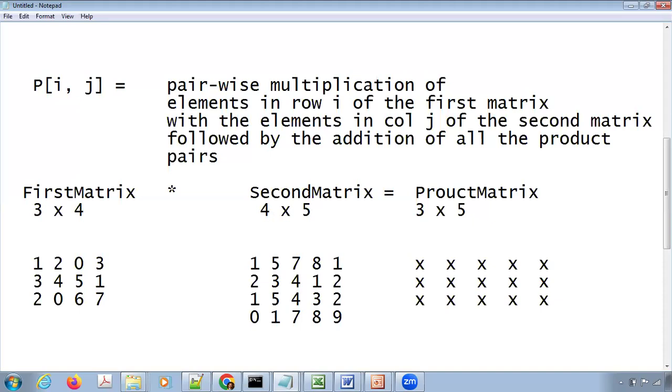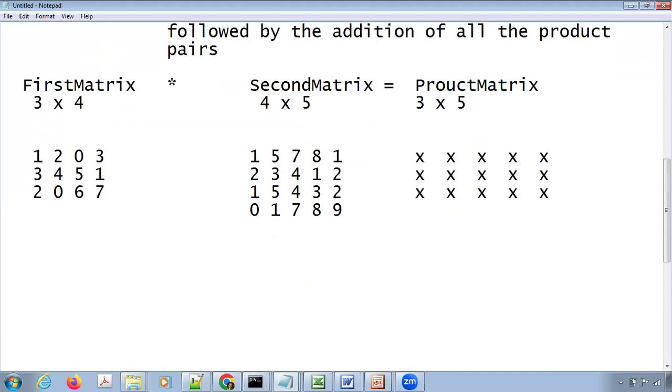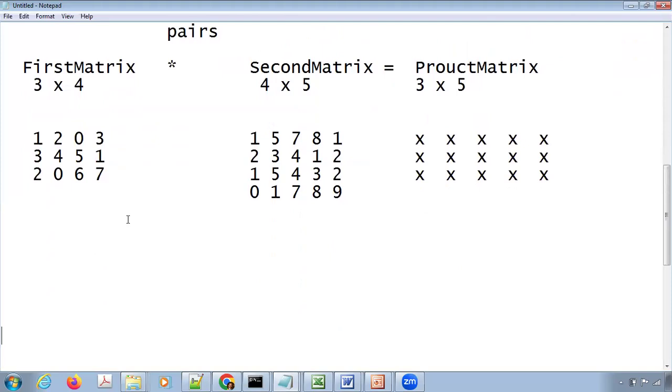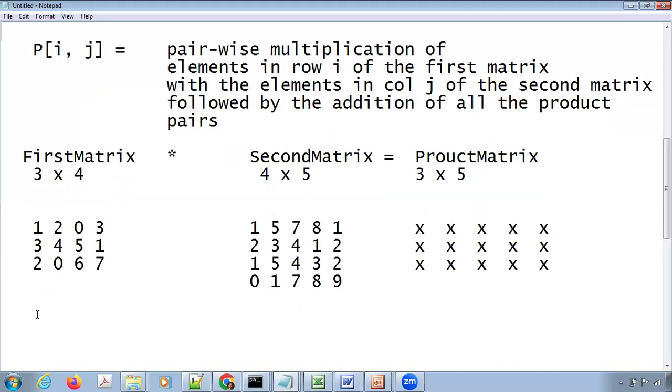Okay, so let's say now I want to compute this cell in the product matrix, row 2, column 4. Make sure that rule is still there. So this is the cell I want to compute here.